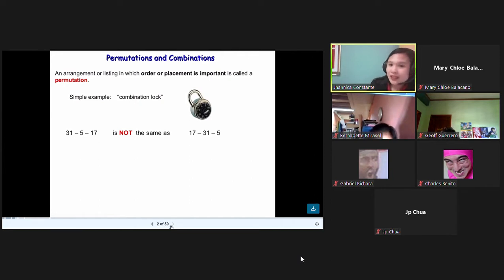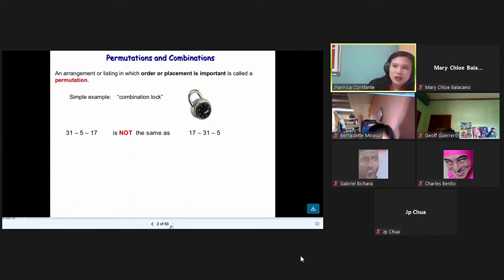Just like in identifying the top 3 in your test. That is the arrangement, the order of a placement of your name according to your grade is very important to identify which one is the first honor, which one is the second honor. So in permutation, kapag ang order or the placement of the arrangement is important, we classify it as permutation.